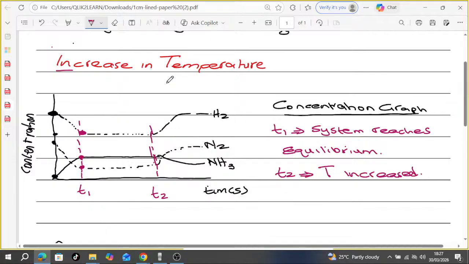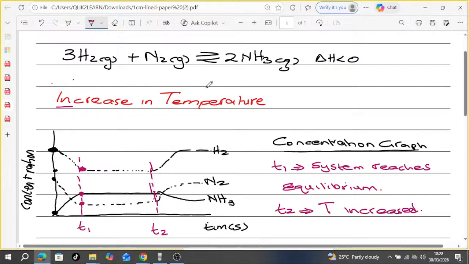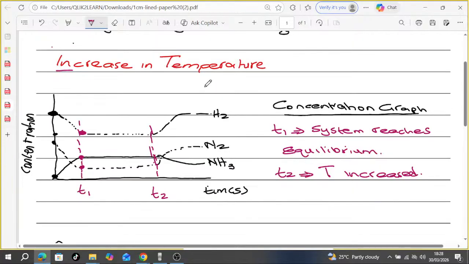Okay, wait. Seeing that this is exothermic. So temperature is increased, right? Yes. Temperature is increased, we say that is endothermic. So basically, the reverse reaction is favored.